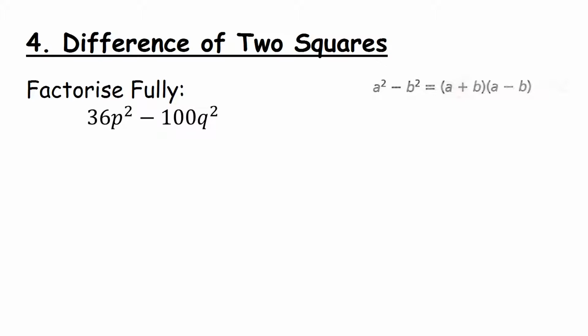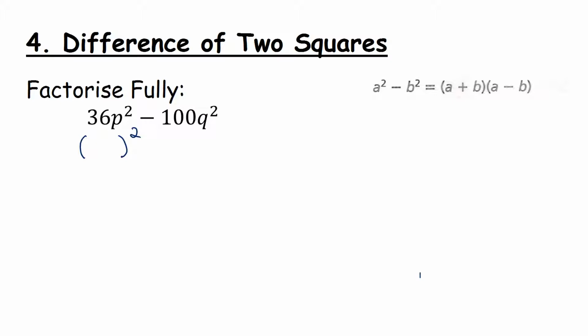So my advice on these is to really write them in a form that will help, and I've jumped straight to a tougher type of question with both numbers and letters. So instead of just having 36p squared, it's good to write it as something to be squared.